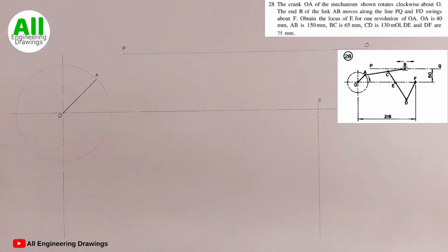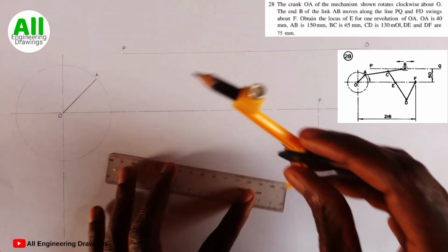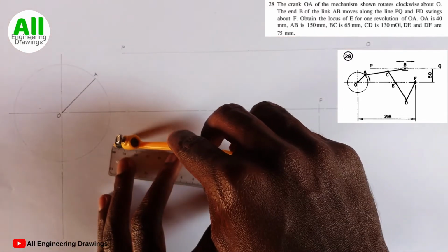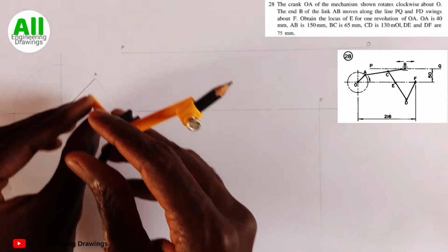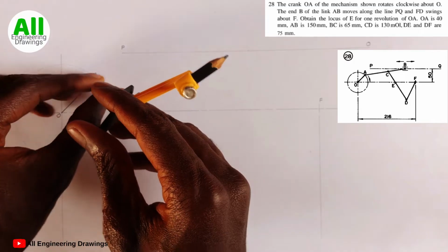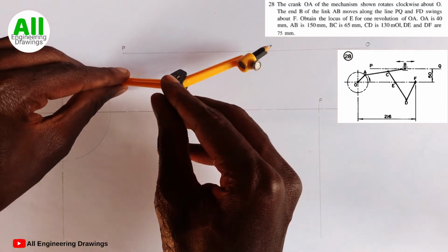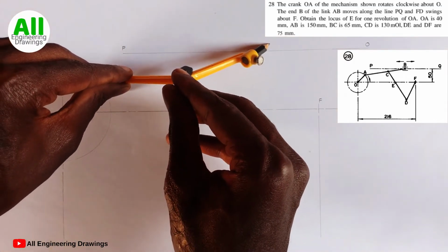So I will place my compass on point A, but the compass has to be adjusted to 150 millimeter, because the question says AB is 150 millimeter. Then I will cut an arc on line PQ, that is this line.